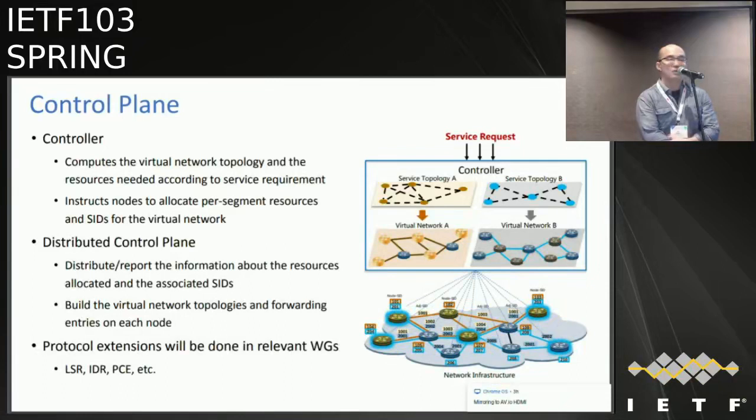Then in the nodes, the distributed control plane will be used to advertise or report the information about the resources allocated and SIDs associated with the resource. Then the nodes will need the distributed control plane to build the virtual network topology and the necessary forwarding entries for the service. In SPRING, we just define the procedure and the architecture. The protocol extensions will be done in the relevant working groups.